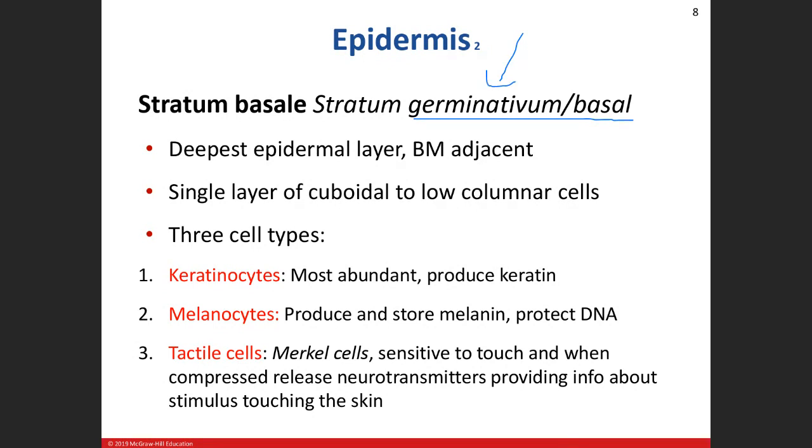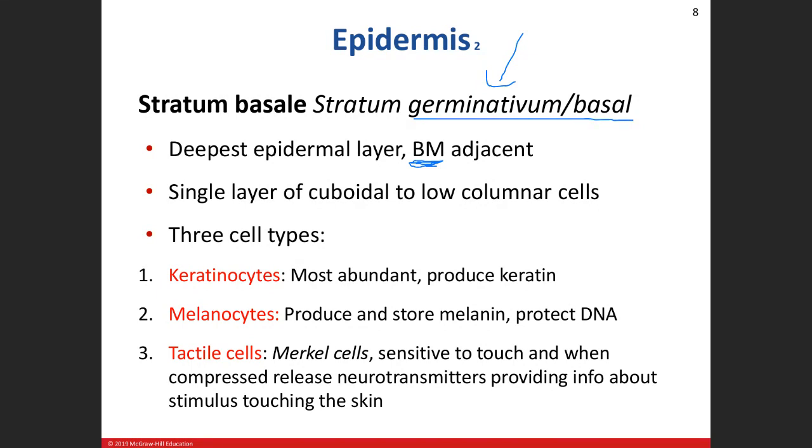As we know, all epithelial tissue sits on what we call the basement membrane. That's what BM stands for, not bowel movement, but basement membrane. The basement membrane is immediately adjacent to this layer of the epithelium.